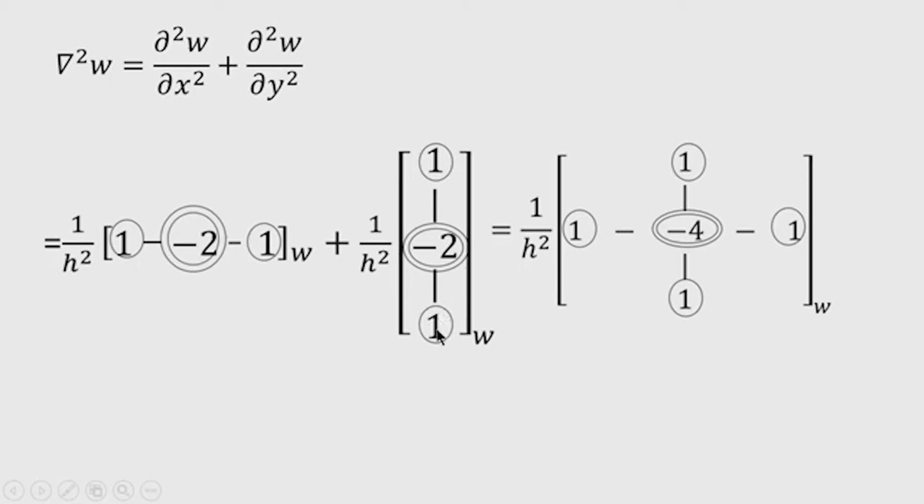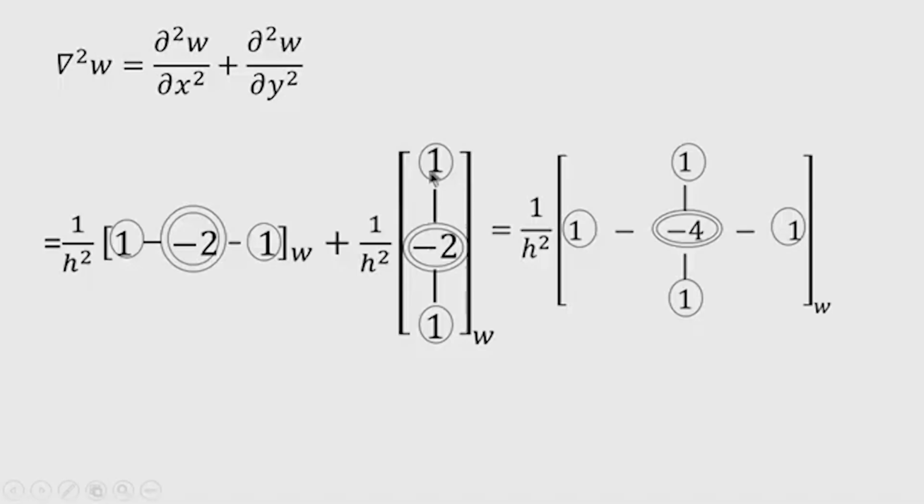Since the even derivatives are symmetric, there is no change of sign in the coefficients at the top and bottom. Similarly, there is no change in sign for the coefficients towards left and right.